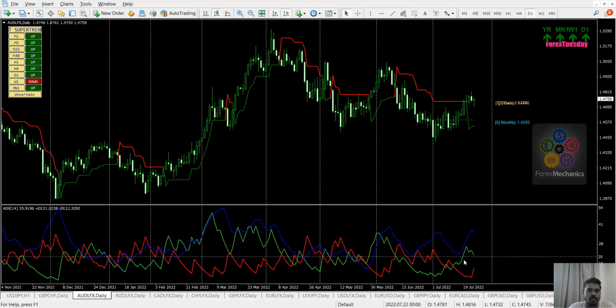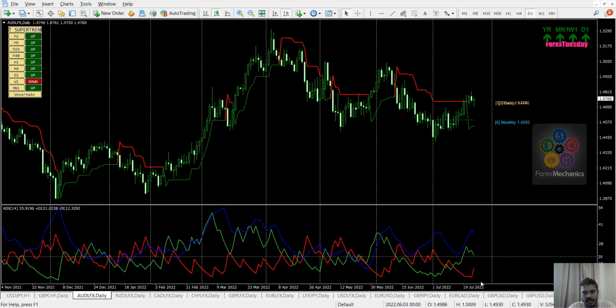I'm instead looking for those points where either the plus DI, which is the buyer's line, or the minus DI, which is the seller's line, are crossing above the 20, right? Which basically gives me more confirmation that there is a lot of buying happening.